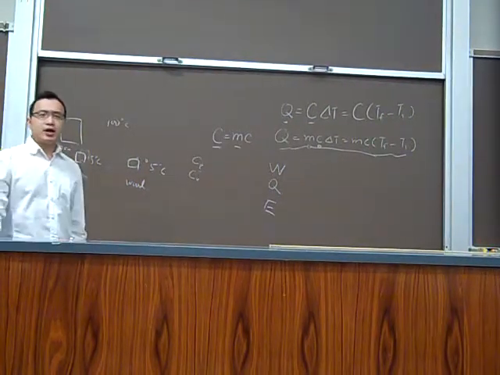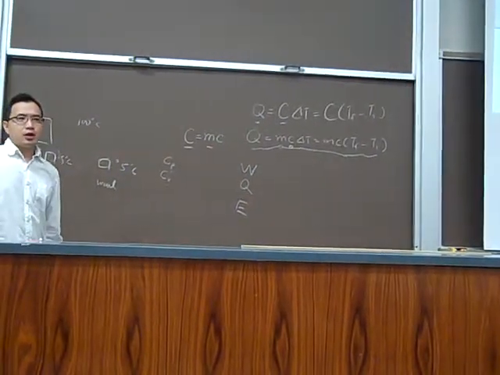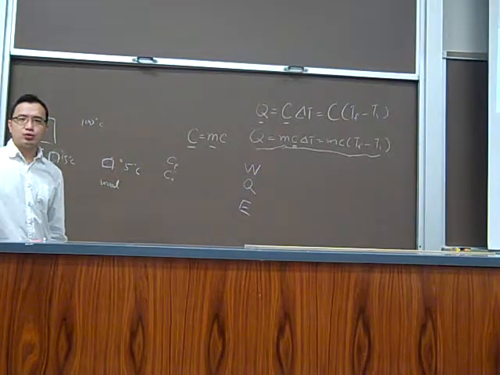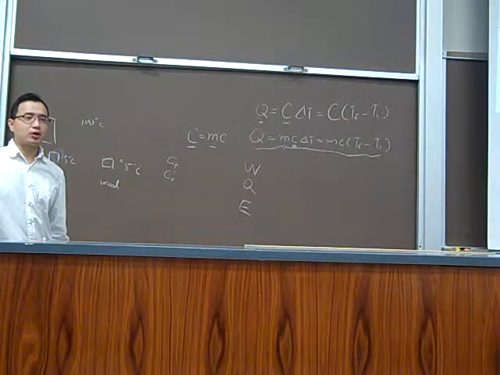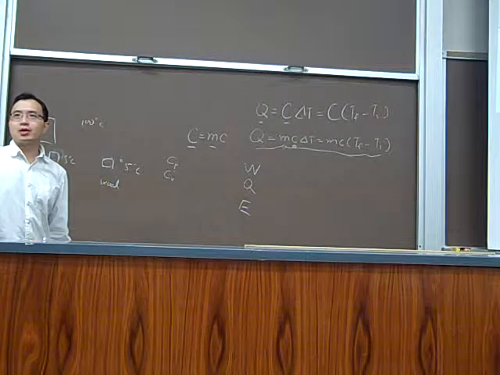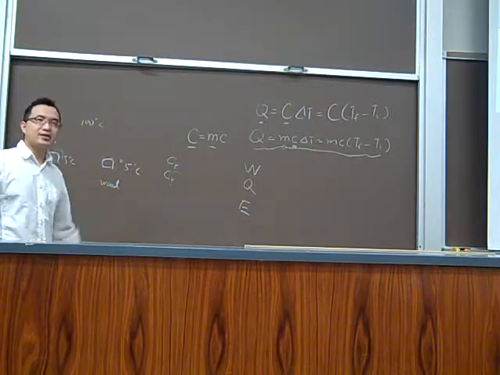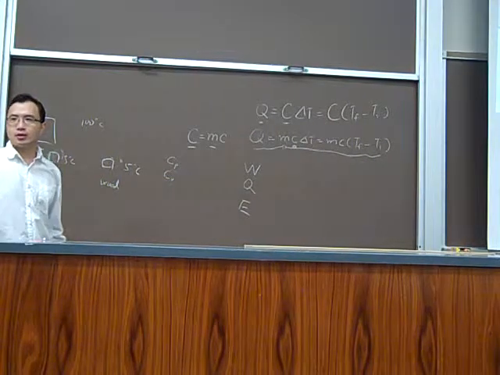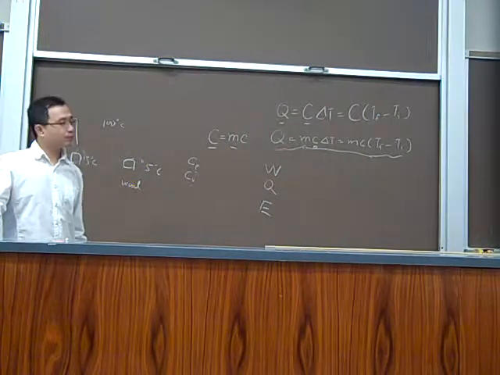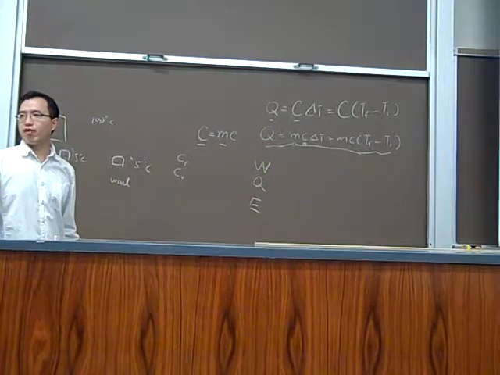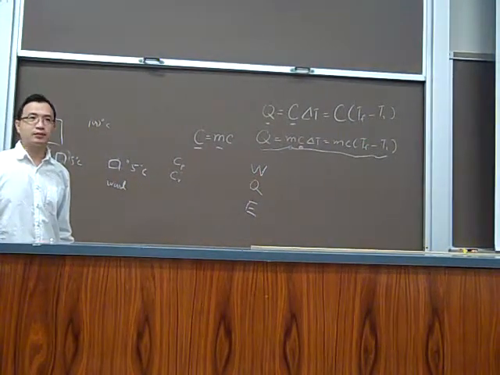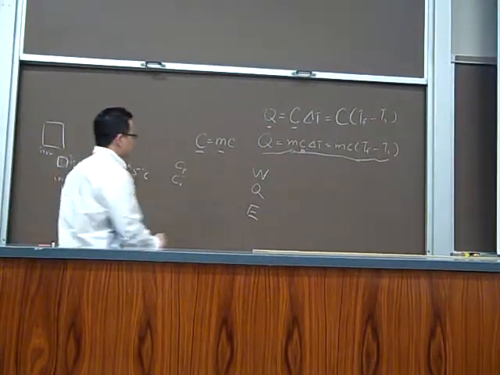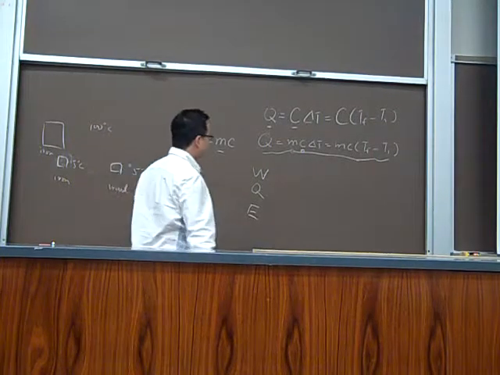For solids and liquids, usually you don't have to make the distinction, because for those kinds of material you cannot even compress them, so there is no difference between the constant pressure process and the constant volume process. But for the gas there may be a difference.